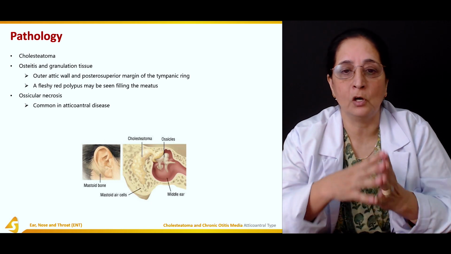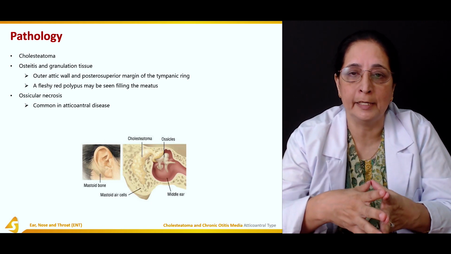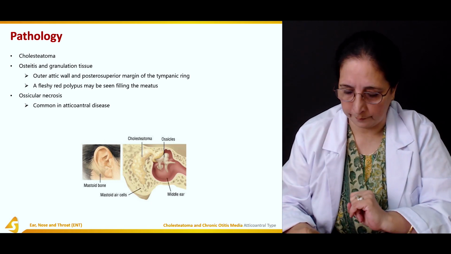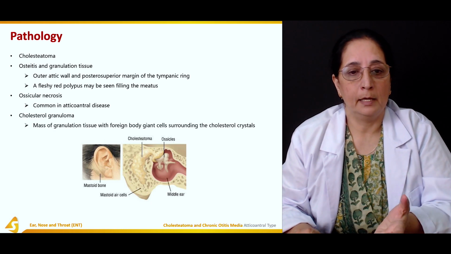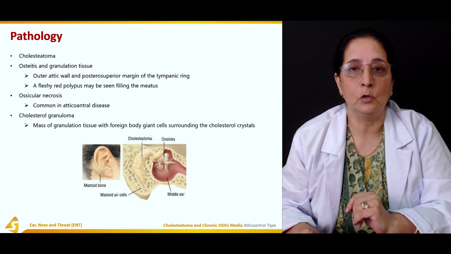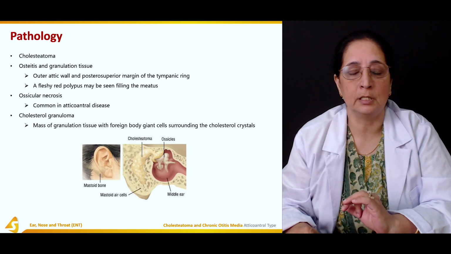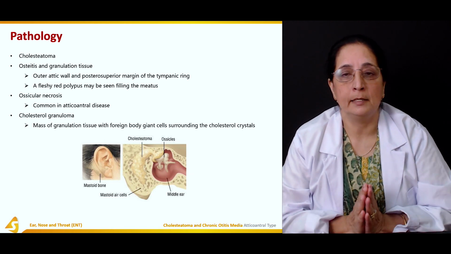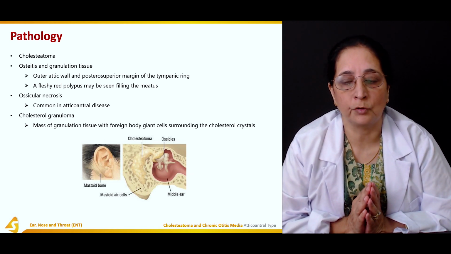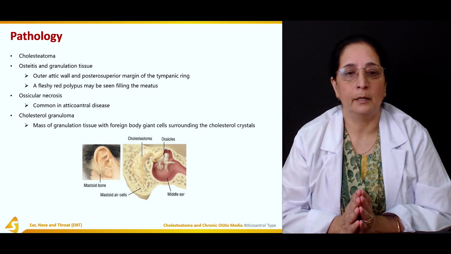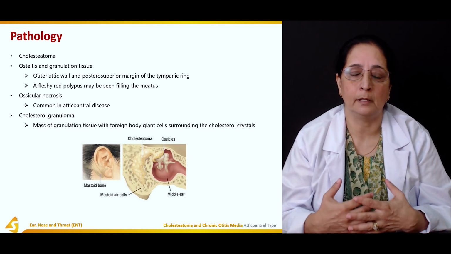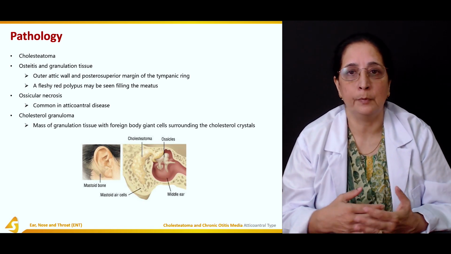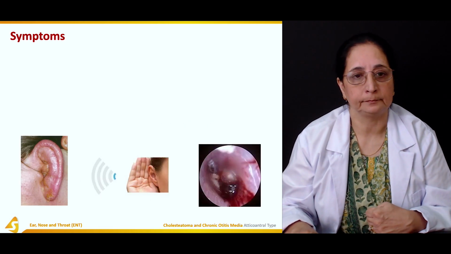There is involvement of the bone, formation of granulation tissue, and sometimes the presence of polyps. Cholesterol granulomas are also present, which is granulation tissue around a foreign body giant cell, usually surrounding the cholesterol crystal. These are the pathologies common in Atticoantral type of chronic otitis media.